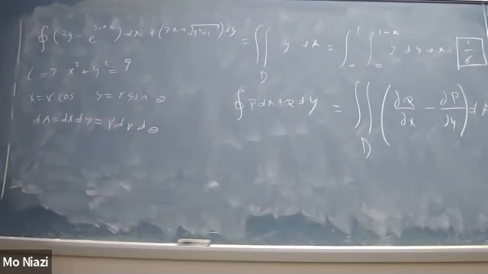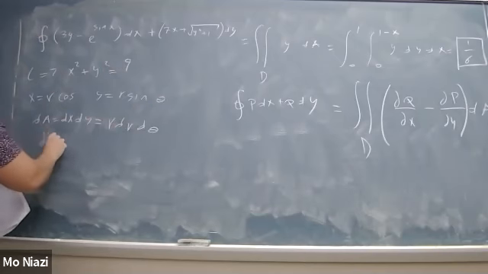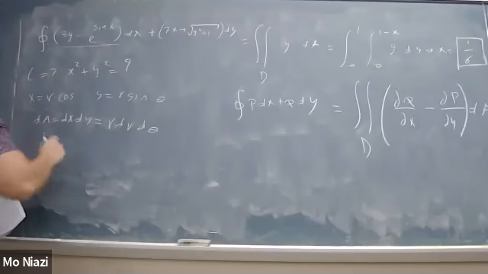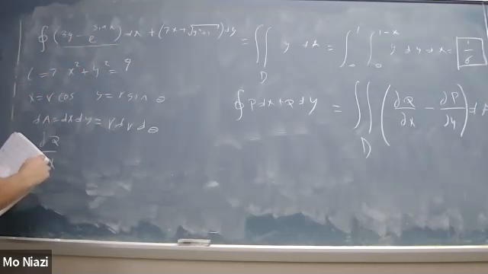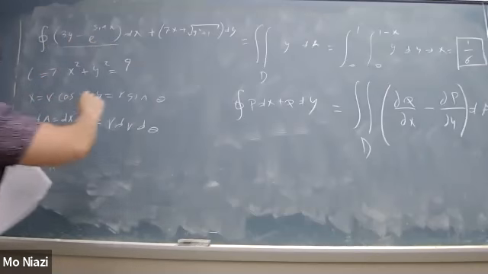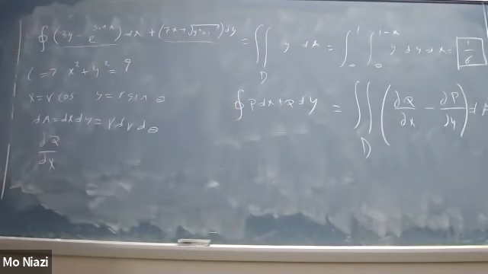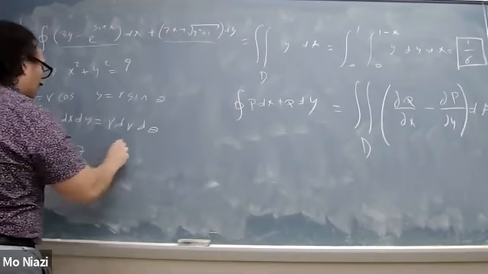Okay. So that line integral, with the power of Green's theorem, we also need to compute partial Q, partial x. So here's our Q. So actually, this is Q. Partial Q, partial x is just a 7.